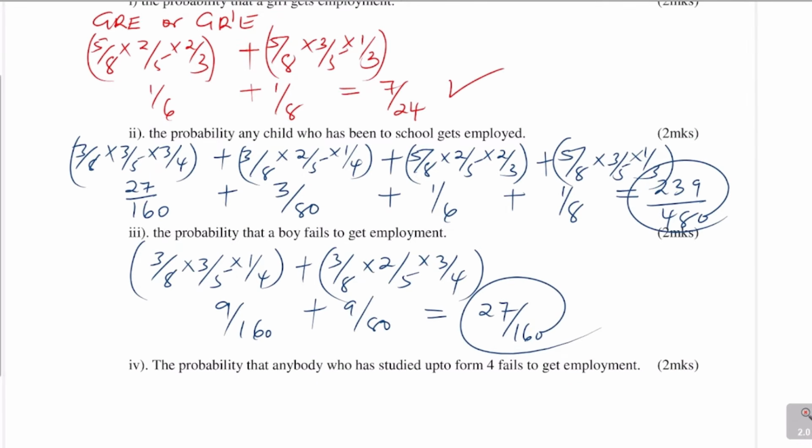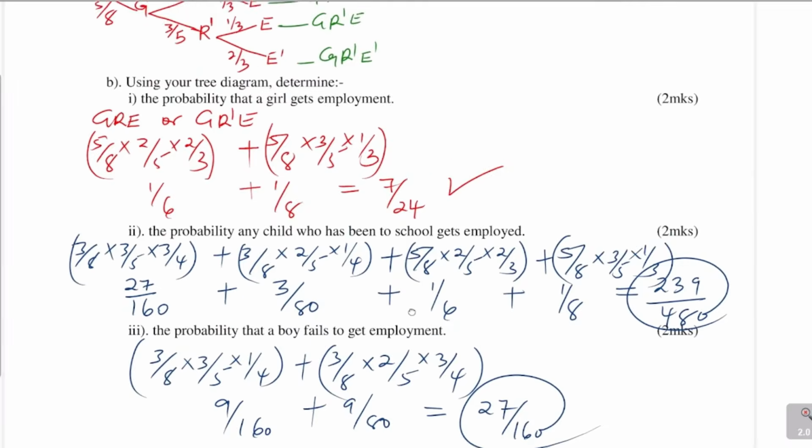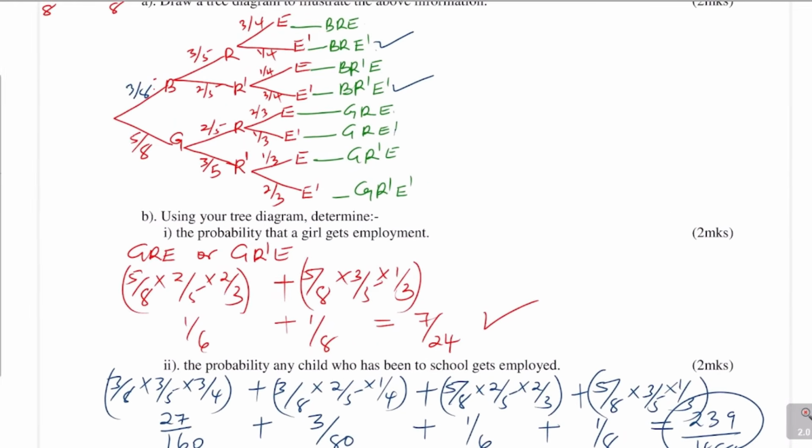The probability that anybody who has studied up to Form 4 fails to get employment. Anybody who has studied up to Form 4. So it is either a boy who reaches Form 4 and gets employed, or the probability of a girl who reaches Form 4 and gets employed. So in this branch here, this is what you're going to take.